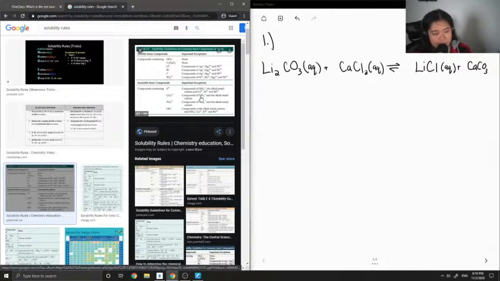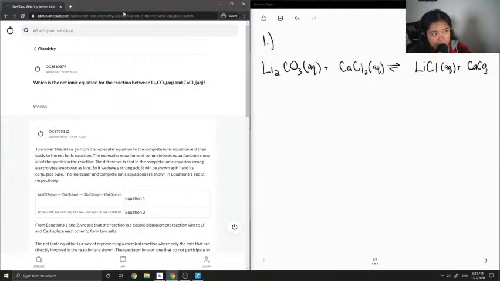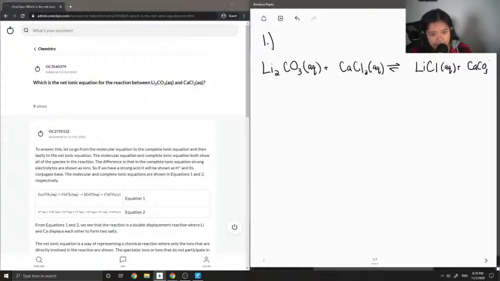Since calcium is not an alkali metal, this compound is insoluble. So it won't be aqueous, it will be solid, and it will be the precipitate in the reaction.